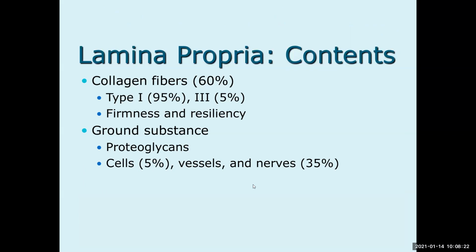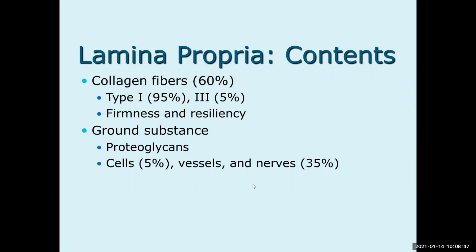The lamina propria, you need to know this: collagen and ground substance. Look at the amount of collagen fibers, 60%. Now, when we get into surgery and regeneration, we're going to be talking about type 1 and type 3 and type 2 and everything.